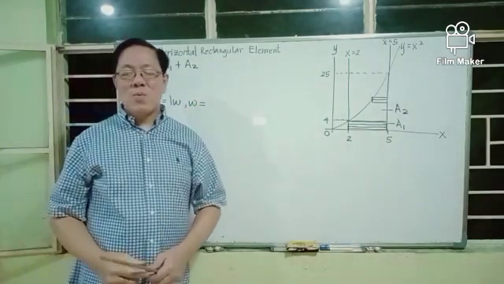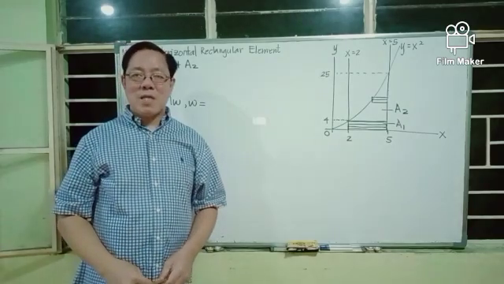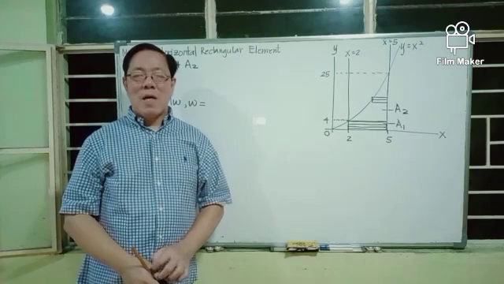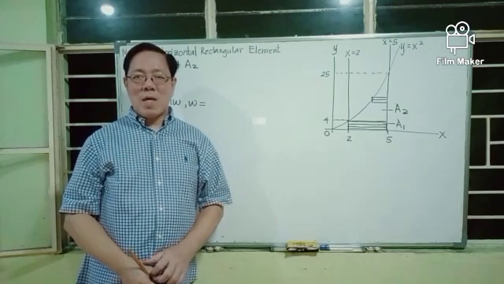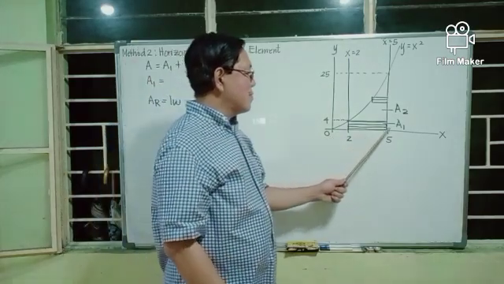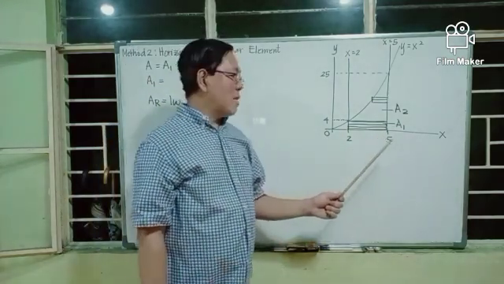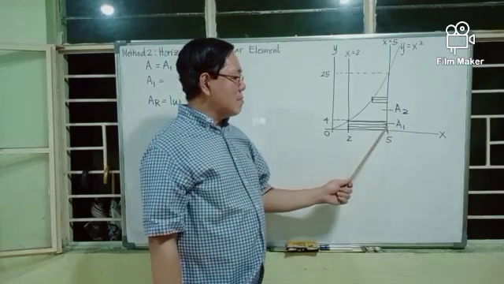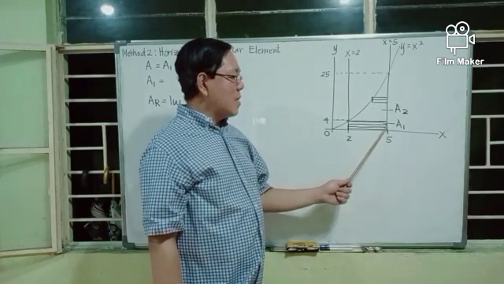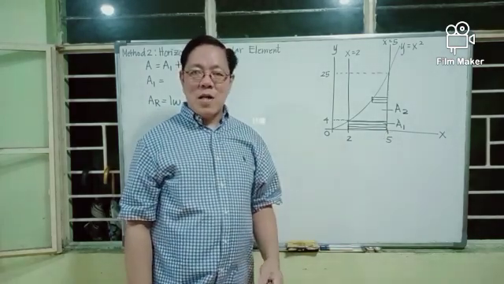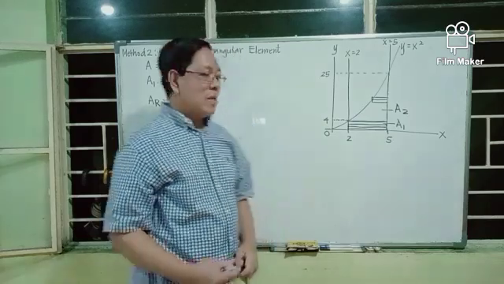In the first method, where we took a vertical rectangular element, the width is equal to the differential of x. But in method 2, if you take a horizontal rectangular element such as this rectangle, the shorter side of the rectangle is equal to the differential of y, or dy.